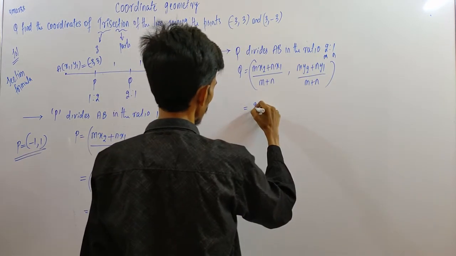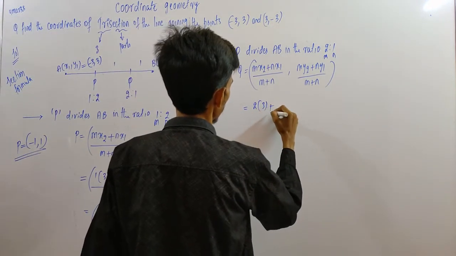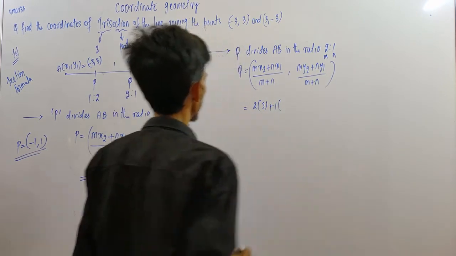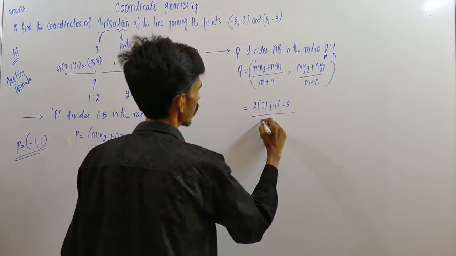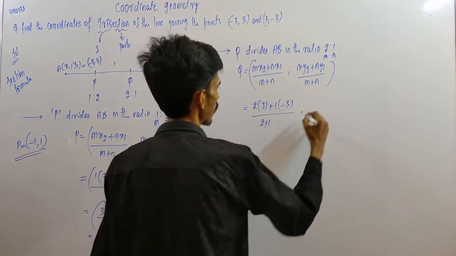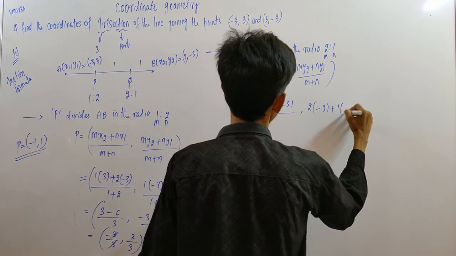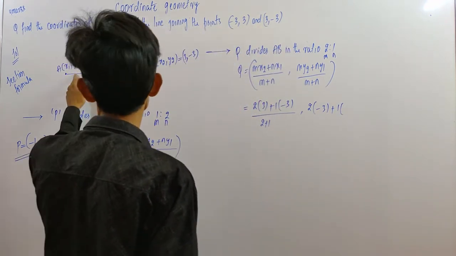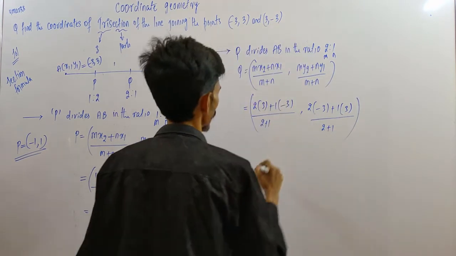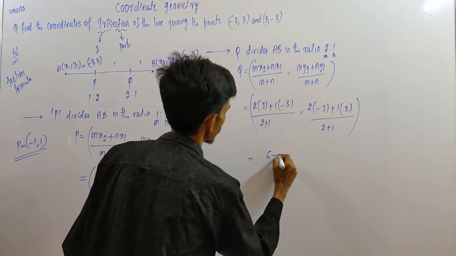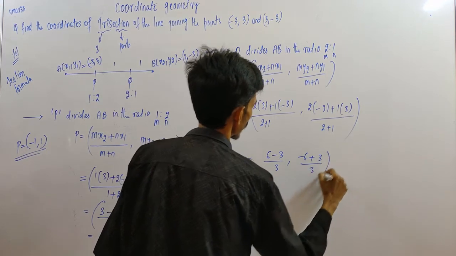So we have m value 2 into x2 value, x2 value is 3, plus n value is 1 into x1, x1 value is -3, divided by 2 plus 1, comma, 2 into y2 value -3 plus n value 1 into y1 value 3, divided by 2 plus 1. 2 into 3 we have 6 minus 3 divided by 3. 2 into -3 we have -6 plus 3 divided by 3.